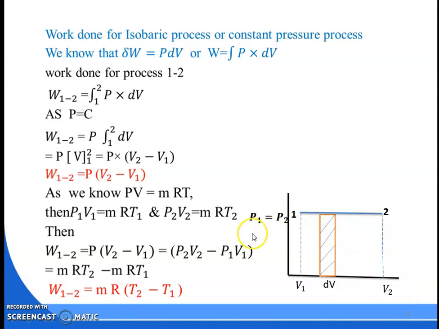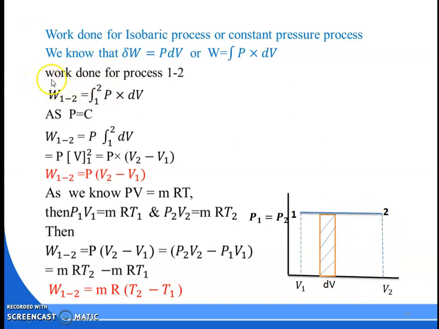Here pressure P1 is equal to P2, because 1 to 2 is a constant pressure process. The area under the PV diagram also gives you the work done.